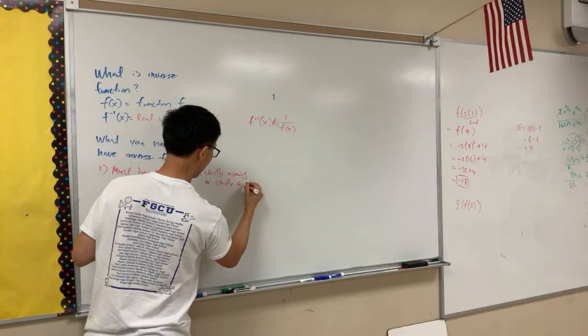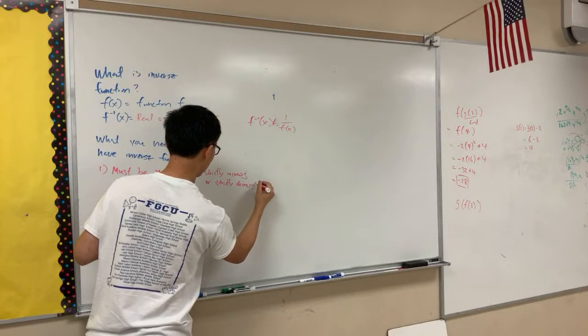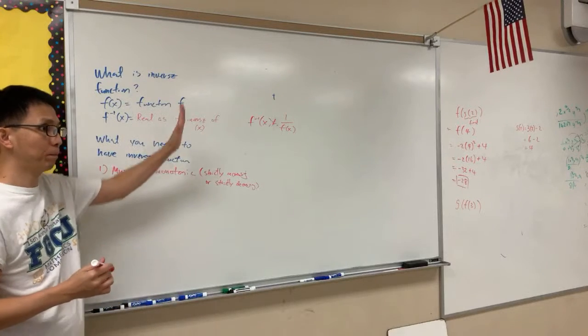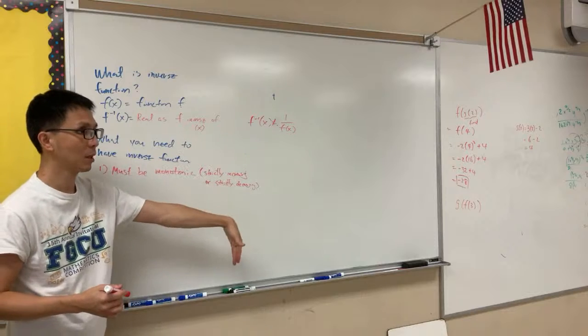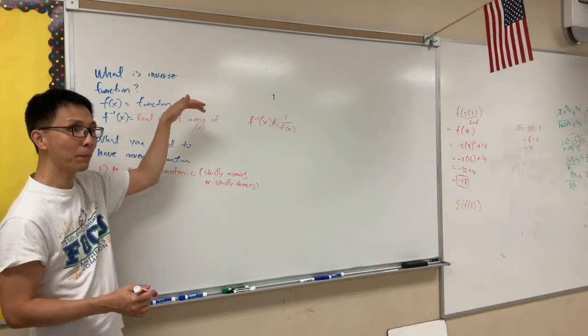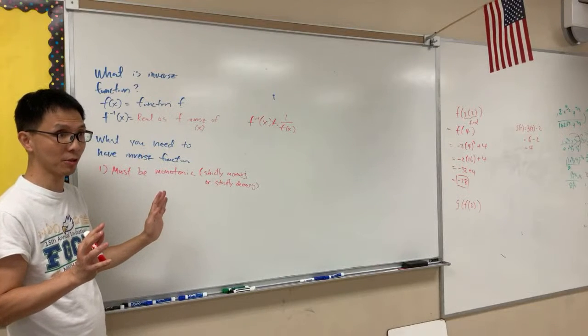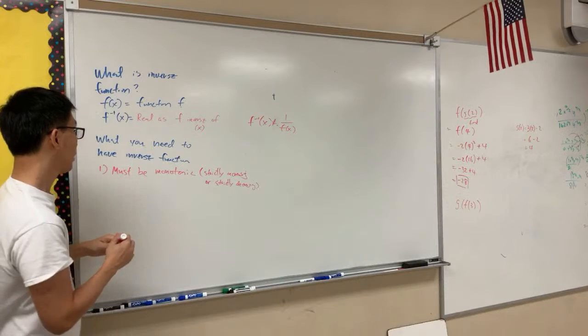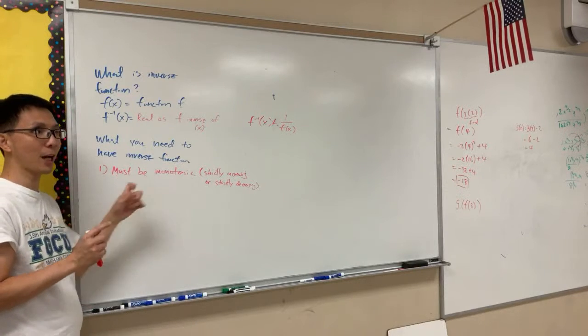That means the function either is just going up or going down, but never goes up and down. If you go up and down, you cannot have an inverse function. So therefore, it must be monotonic.